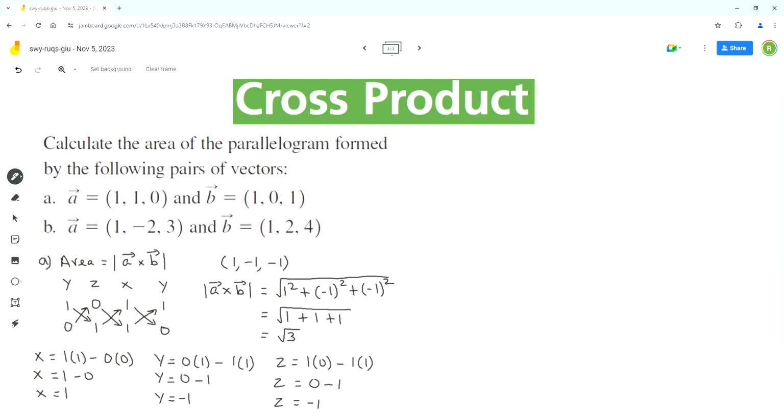So the magnitude is square root of 3. So that's the area of parallelogram formed by vectors in part A. Now we can analyze part B.